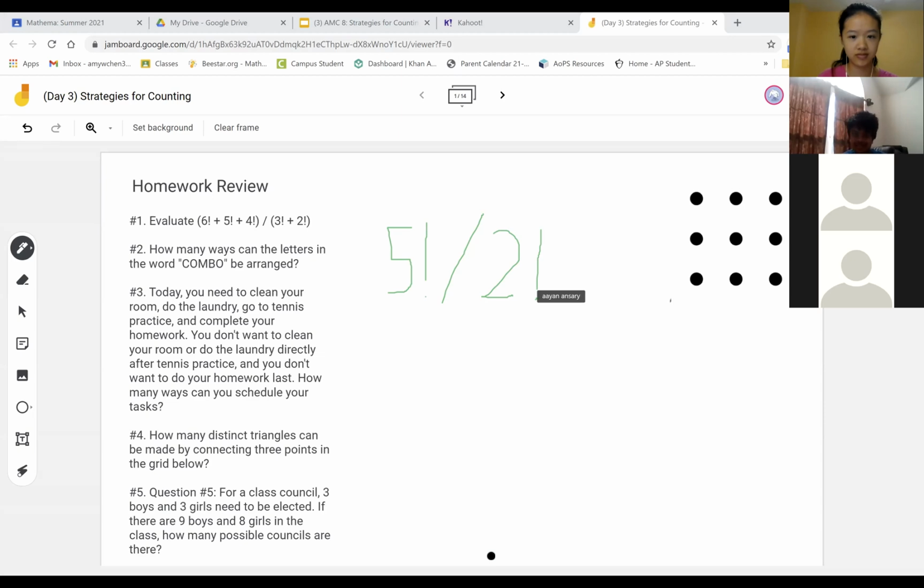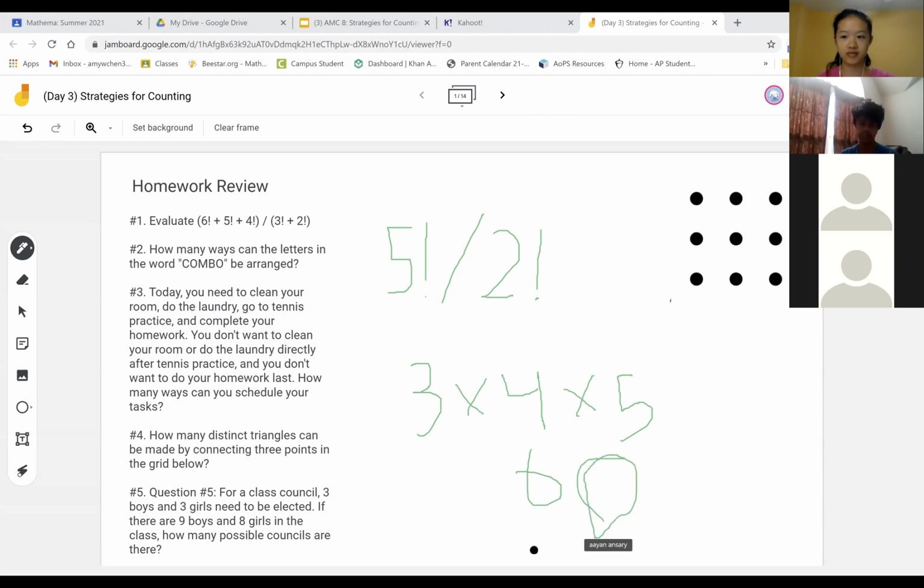And so 5 factorial divided by 2 factorial is 3 times 4 times 5, which is 60. Yeah, that's excellent. Good job. So it looks like you guys remember how to arrange words and to deal with repetition. That's a really nice job.